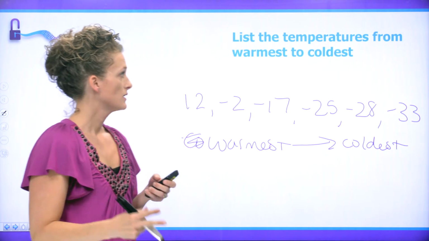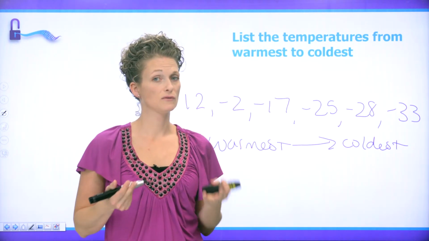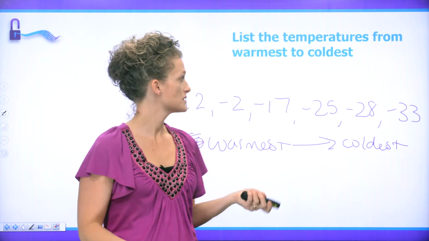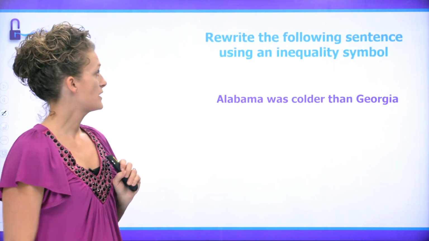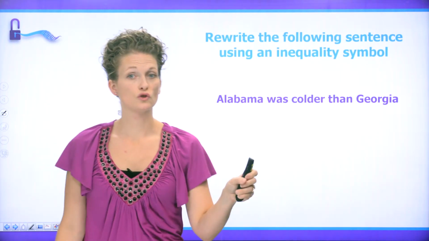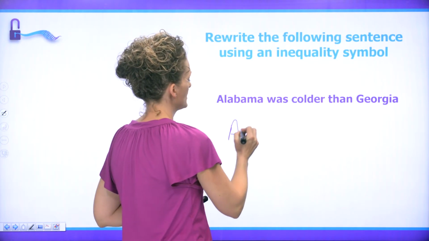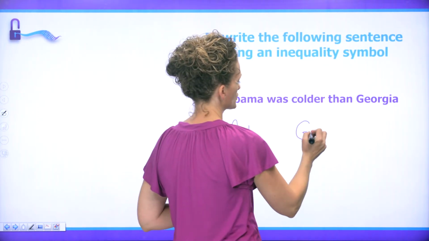So when you're asked, throw out these words, that's the beginnings of what you'll see when you get to word problems. Okay, rewrite the following sentence using an inequality symbol. It says Alabama was colder than Georgia. So if we're talking about temperature, we've got Alabama and we've got Georgia.